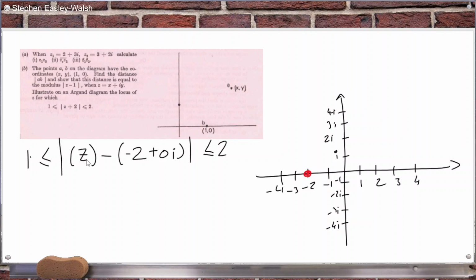If the distance between z and this point was less than or equal to 2, well, that's just a circle. But it has to be more than or equal to 1, so it looks like it's an annulus. So it's this region here. This is the region.